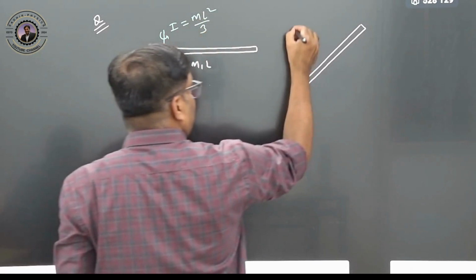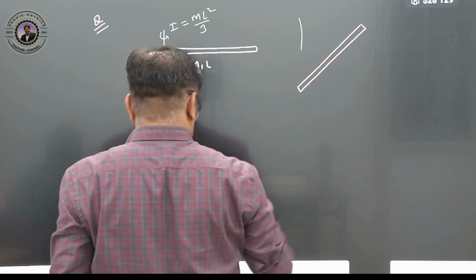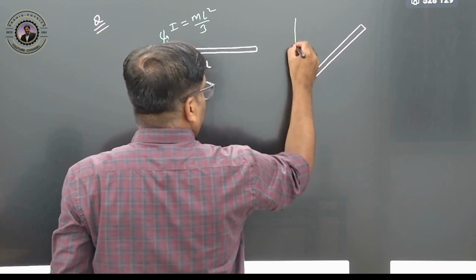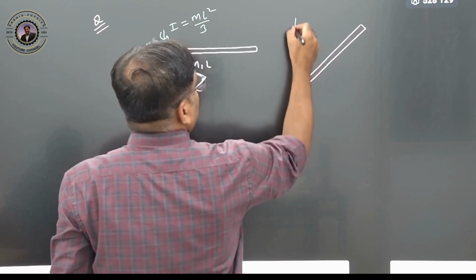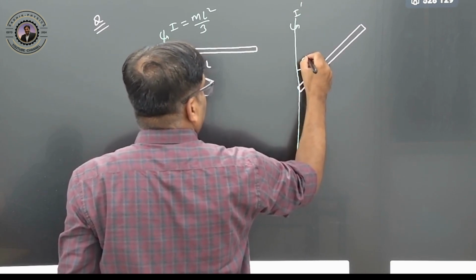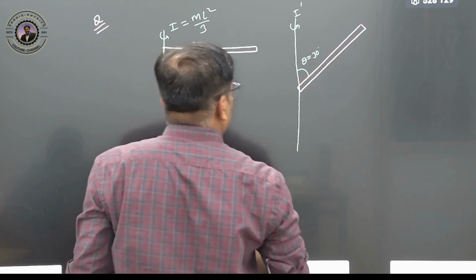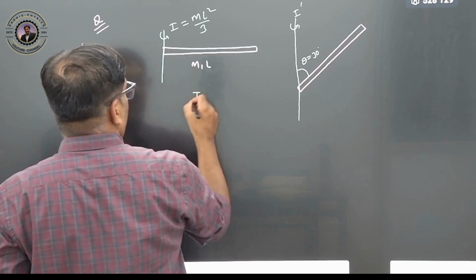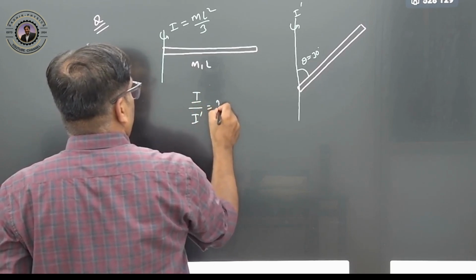Now we are going to rotate this rod so that it makes an angle theta, suppose 30 degree, and we want the moment of inertia I dash. So we want to calculate the value of I by I dash.